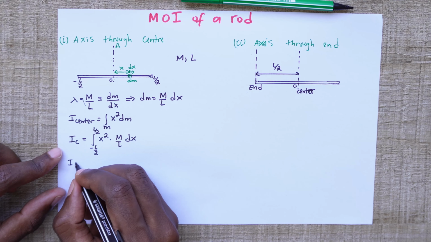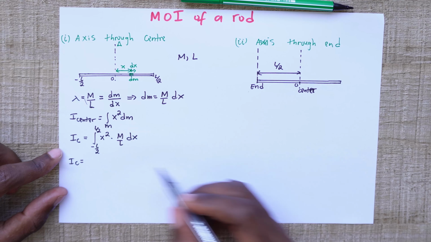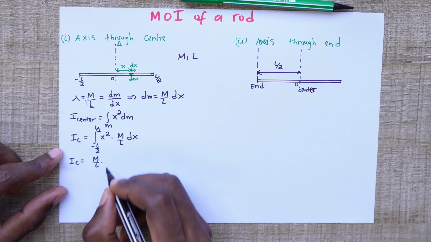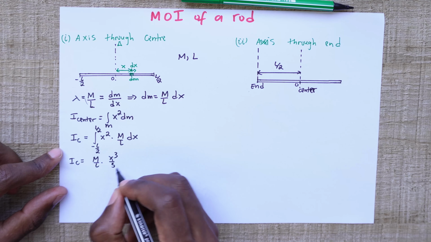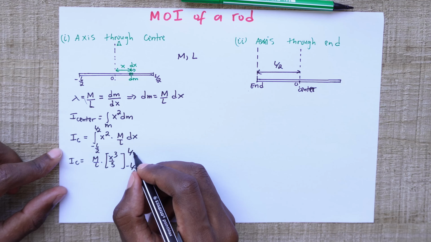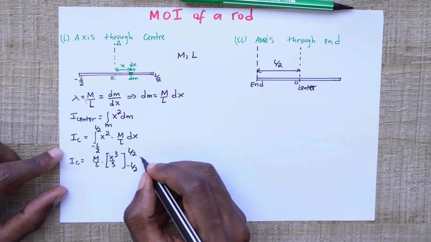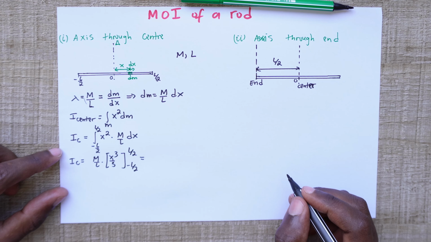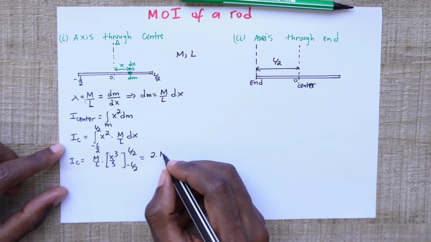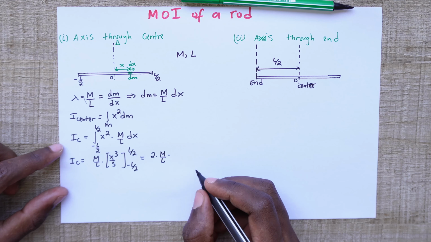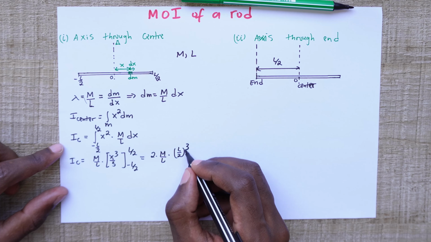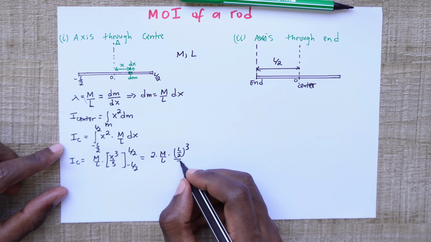So doing that, we integrate x squared, which gives x cubed over 3, because M over L is a constant. So that's going to be M over L times x cubed over 3, and then we apply the boundaries of integration. That's just going to be 2 times M over L times (L over 2) cubed, divided by 3.